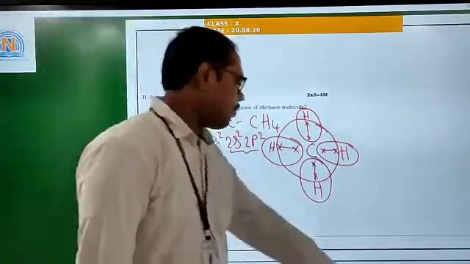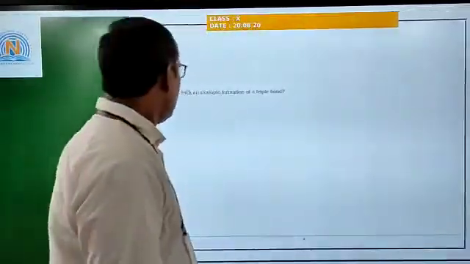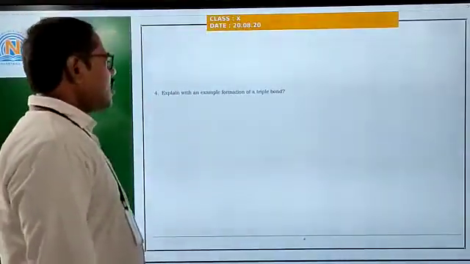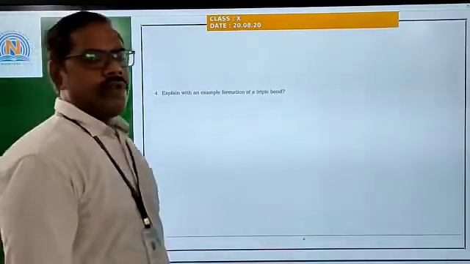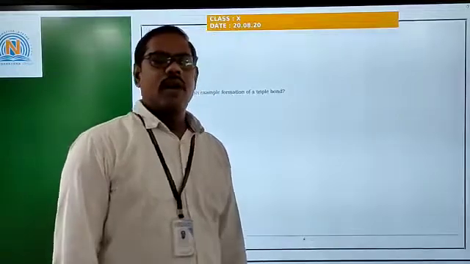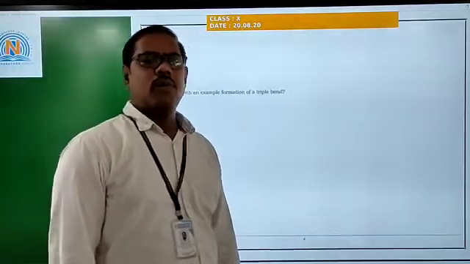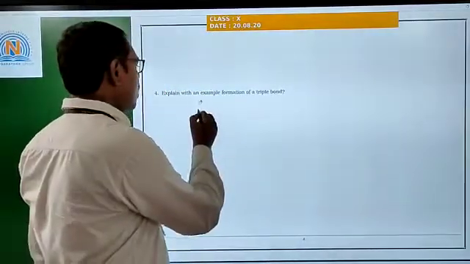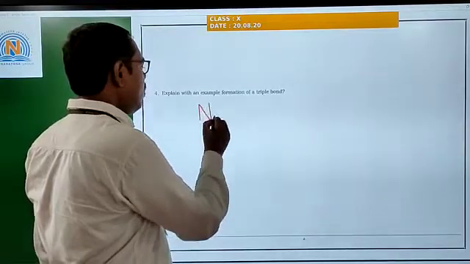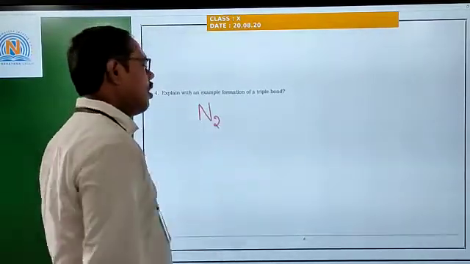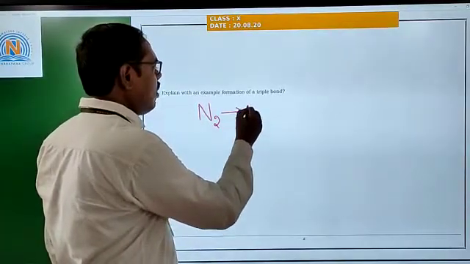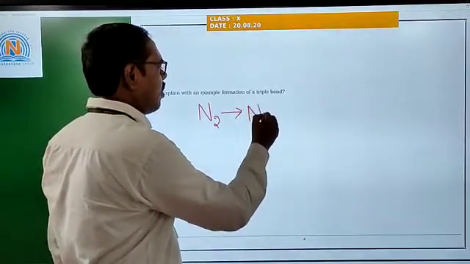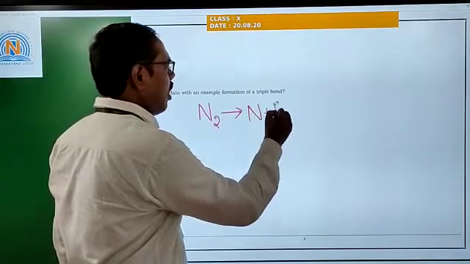Next, explain with an example the formation of a triple bond. Example for the triple bond: formation of the nitrogen molecule. Nitrogen molecule formula N2. How is it formed? N2 is formed by the combination of two nitrogen atoms.